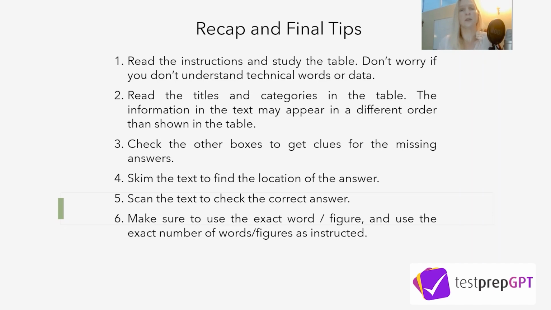Again, make sure that you use the exact word, the exact spelling, the correct use of capitals, or the correct number or figure, so that you get marked correctly and that you don't lose any marks in this part of the test.